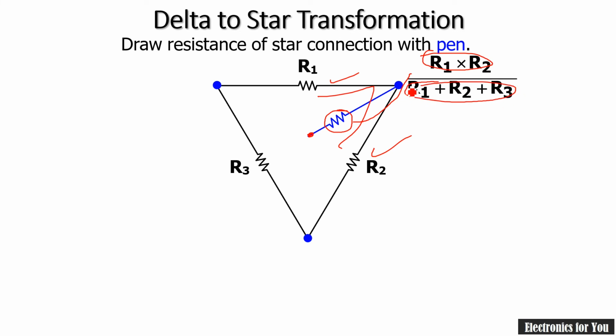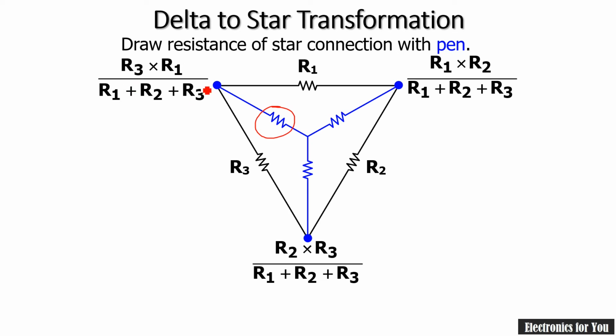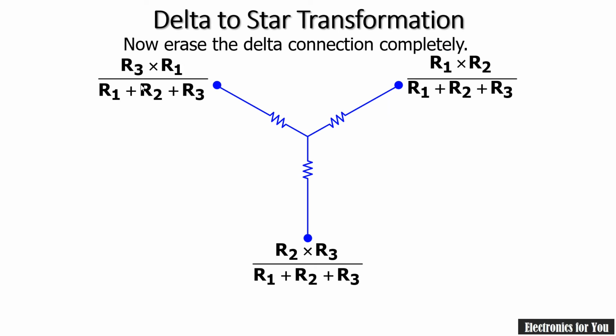This is the formula for the equivalent resistance in the delta to star transformation. Now for the second point, you can conclude that this resistance is given by the formula R2 multiplied by R3 divided by the addition of all the resistances. Now you can guess the third one, which is the equivalent resistance for this, and it is given by R3 multiplied by R1 divided by the addition of all the resistances. So this is the delta to star transformation, and again 2 important points are there.